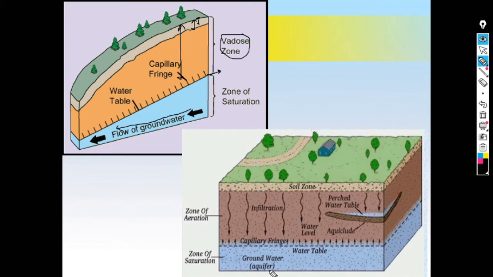We can't say it is none, but those pore spaces are not very well connected, so its permeability is very less, so that won't be called an aquifer. An aquifer should have good porosity and good permeability, okay. Again this is a representation of the capillary fringe.